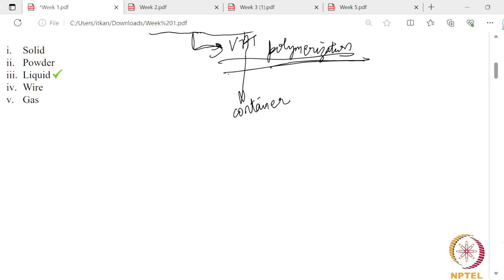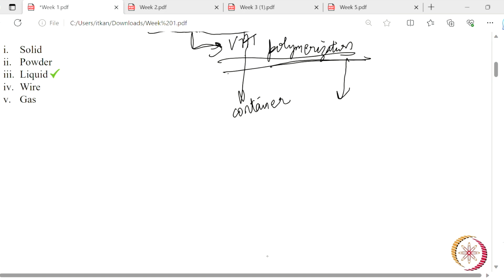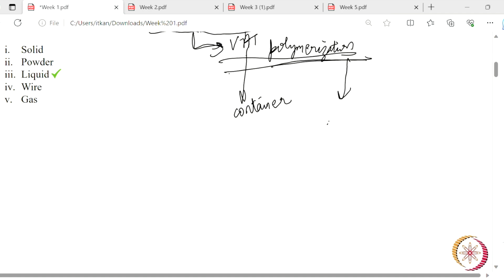So we have different bonds in the resin, and in this polymerization process, the solidification takes place through polymerization. We have resin and we have different bonds within the resin.